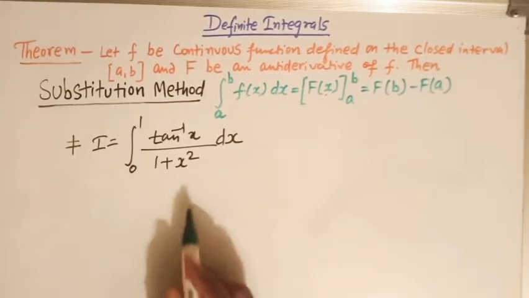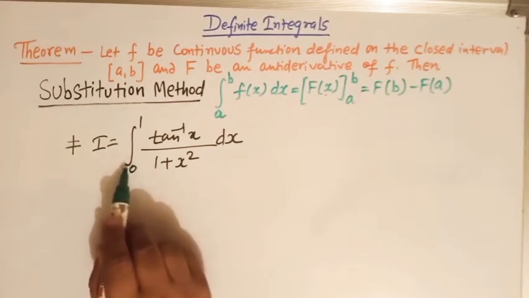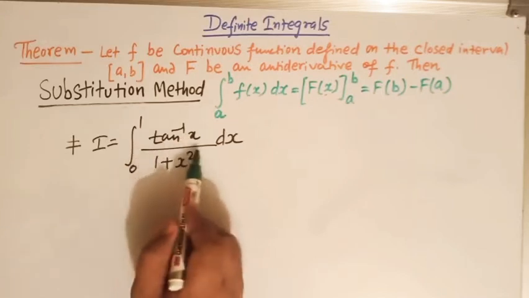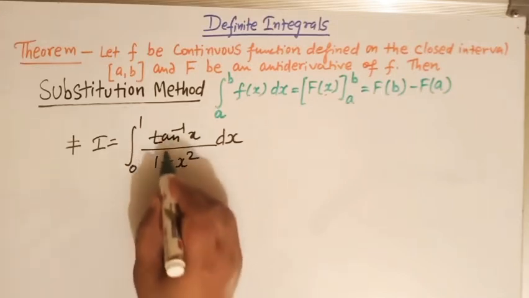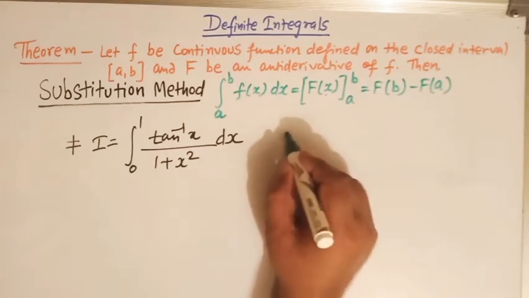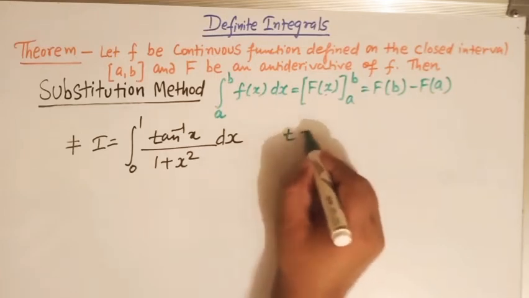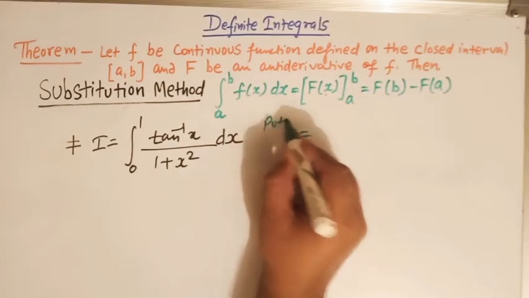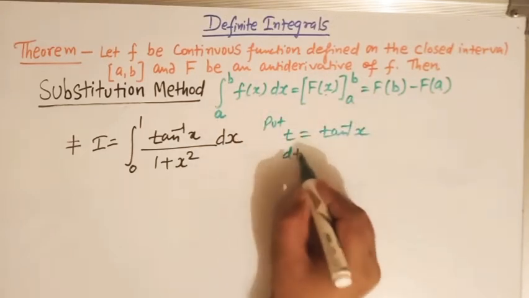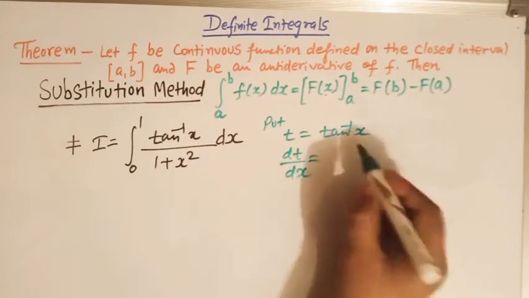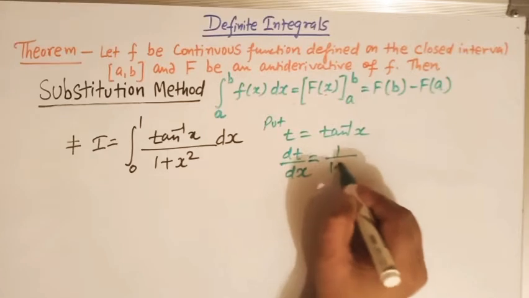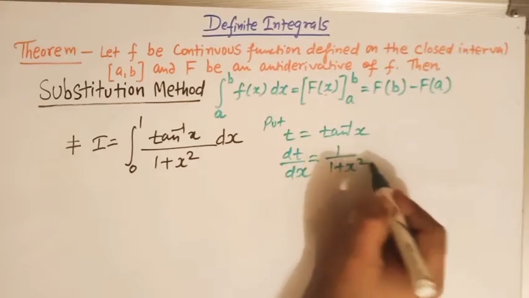Viewers, let us take this problem. Here we have to find the definite integral from 0 to 1 of tan inverse x divided by 1 plus x square. Now here we see that if we take, say, t is equal to tan inverse x, then dt over dx, that is the derivative of tan inverse x with respect to x, is 1 over 1 plus x square.